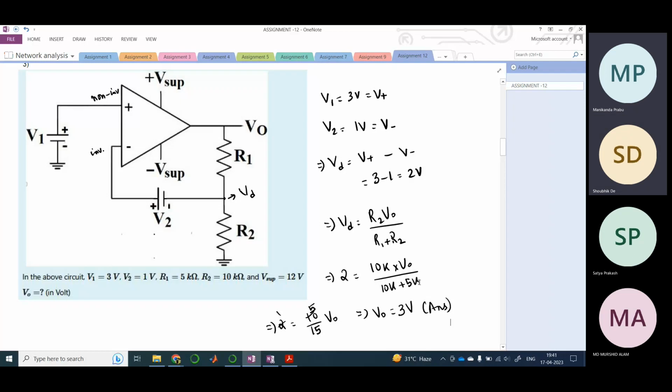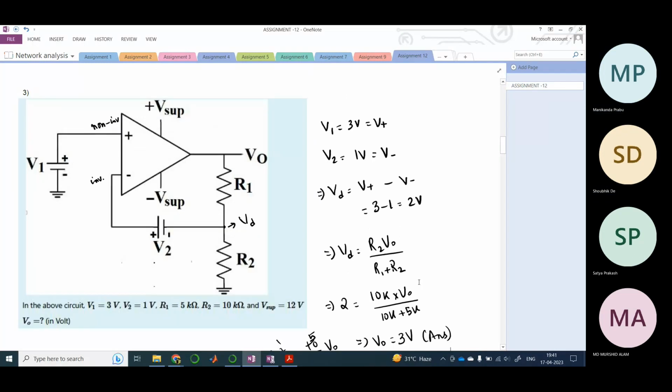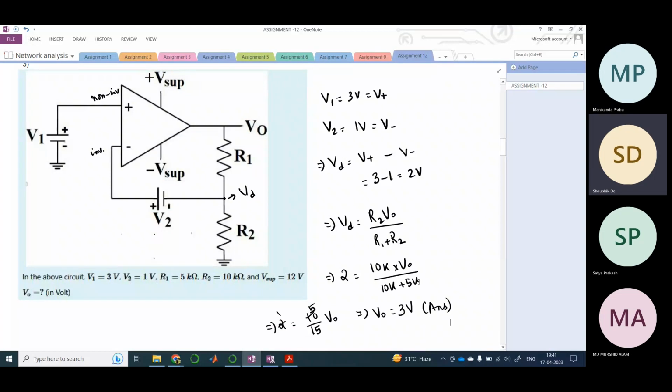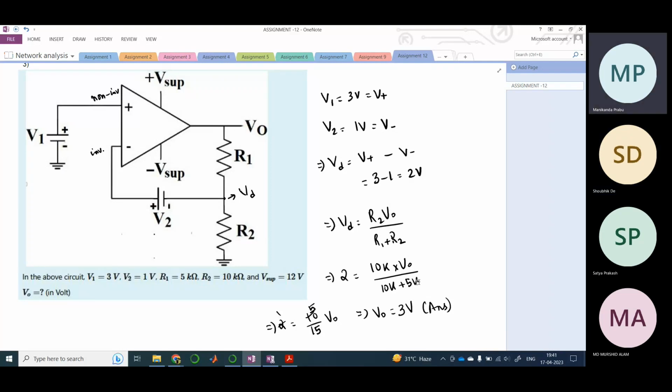Sir, actually we are calculating Vd now, sir. That is actually the input voltage. Yes, correct. Sir, is there any principle behind that? I did not get you. Repeat. No, sir, Vd you told, that is actually the input voltage.